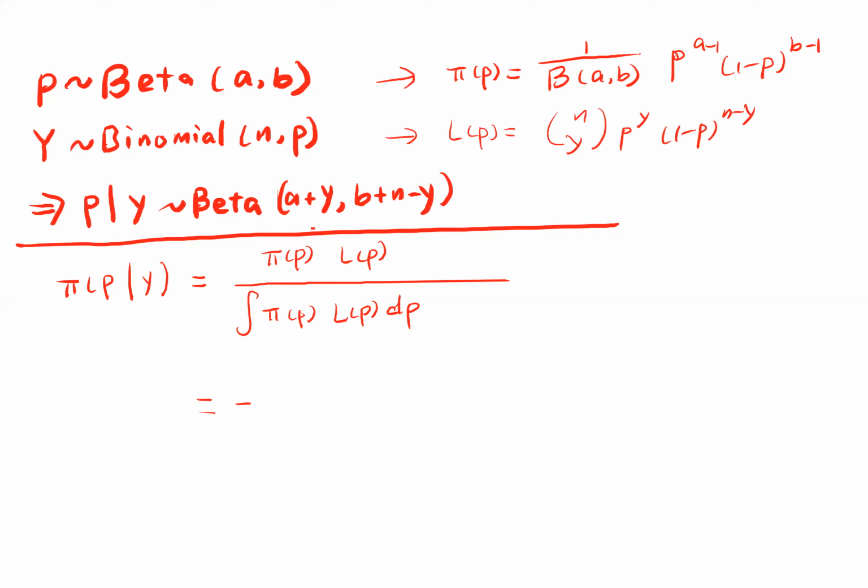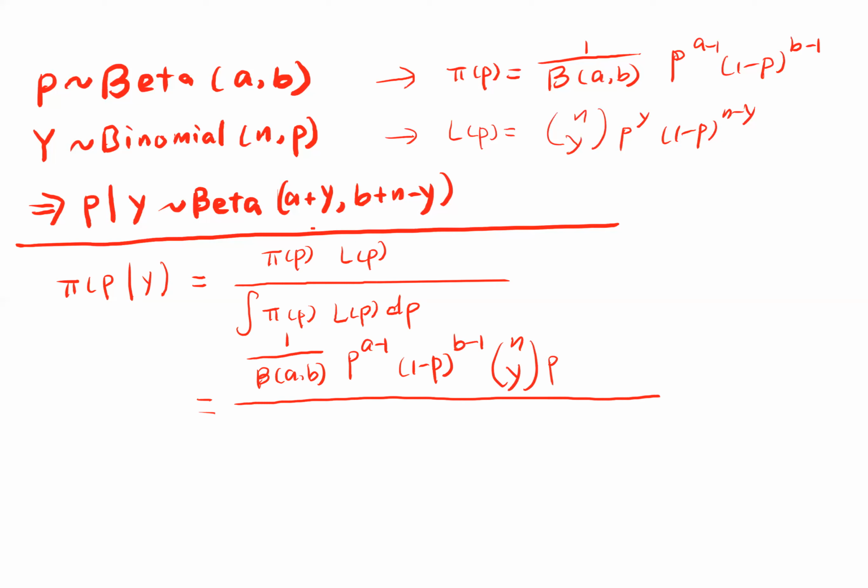So what this tells us is that 1 over B(a, b), p to the power of a minus 1, 1 minus p to the power of b minus 1, and then the choose function, we're just multiplying things together. Keeping all the constants. Do not delete them. Down here, a bunch of repeat, but important to keep them for now.